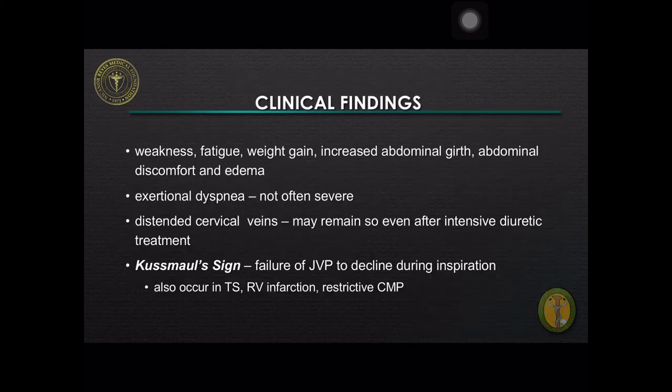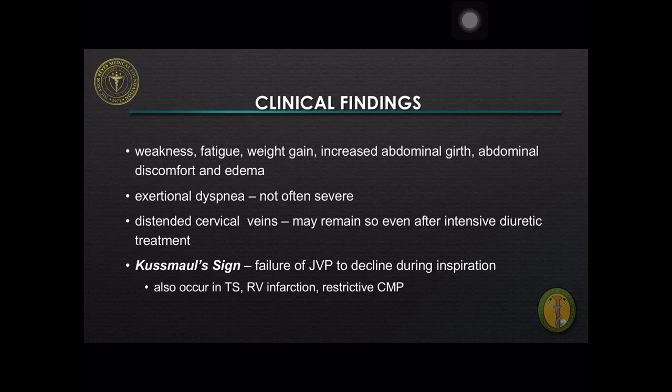Patients with chronic constrictive pericarditis present with weakness, fatigue, weight gain, increased abdominal girth, abdominal discomfort, and edema. Exertional dyspnea is often not severe. Distended cervical veins may remain so even after intensive diuretic treatment.